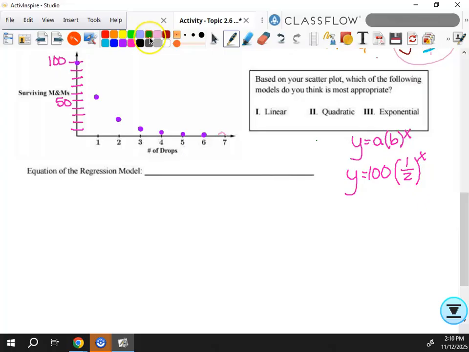My equation from the experimental side was this, so hopefully you have yours written down. So this represents A, and this represents B. So is your A value kind of close to 100?